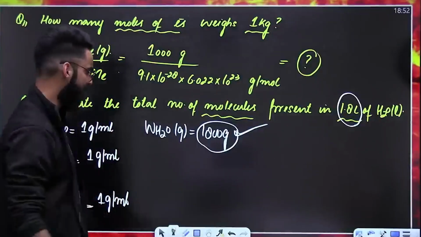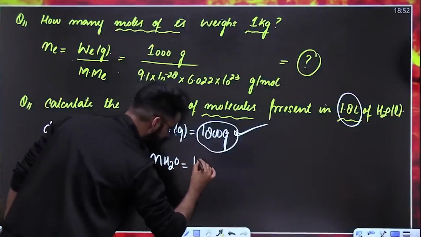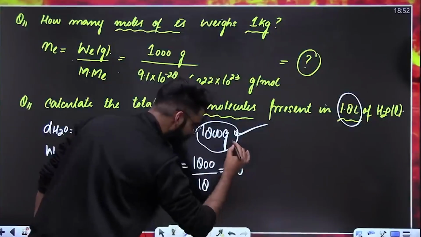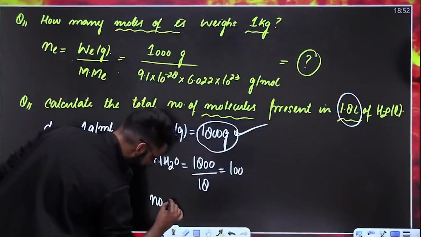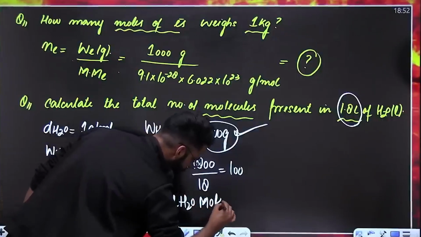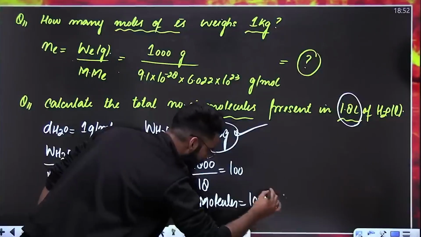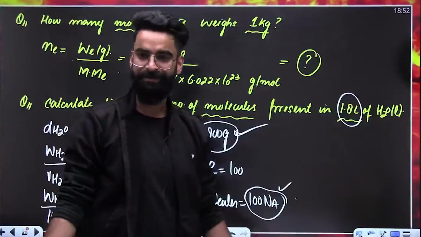So, number of moles of water equals given mass of water in grams divided by molar mass of water. The value is 100. Moles we got. Now the molecules: number of water molecules will be equal to moles multiplied by Avogadro's number. That's something we were supposed to do.